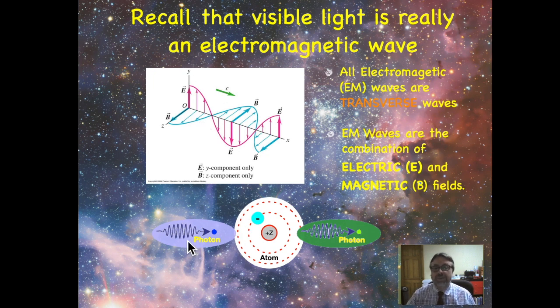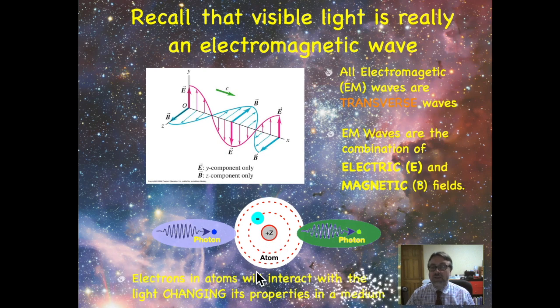So consider a photon of light, a particle of light, which is really an electromagnetic wave. So it's a packet of energy that consists of an electric and magnetic part. As that particle of light interacts with an atom, it interacts with the electrons in the atom. And those electrons will change the properties of the light.